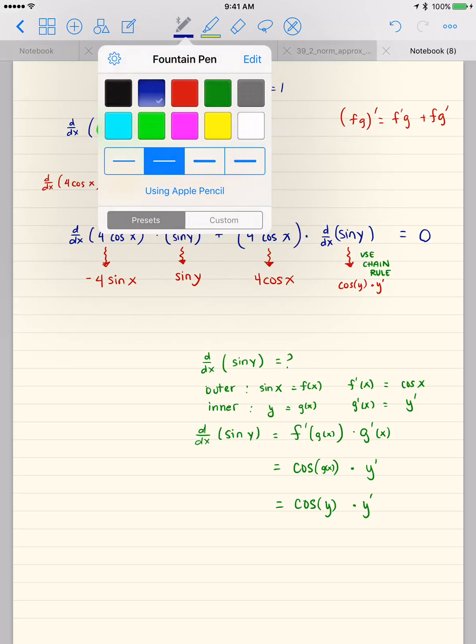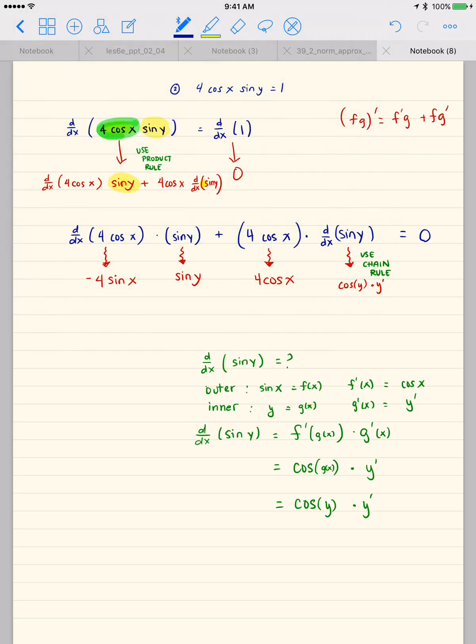So now let's put it all together. We're going to multiply these two together, so we'll have negative 4 sine x sine y plus 4 cosine x cosine y times y prime is equal to 0.